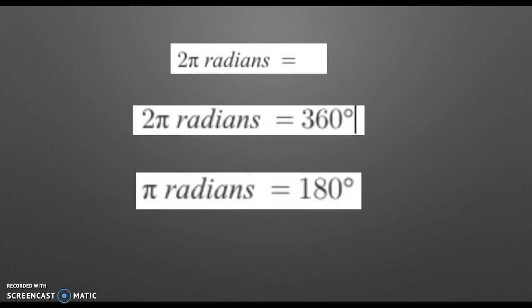So what would pi radians be? Obviously, pi radians would be half of 360, 180. Because pi radians times 2 equals 360, half of 2 pi radians, which is 360, would be 180.